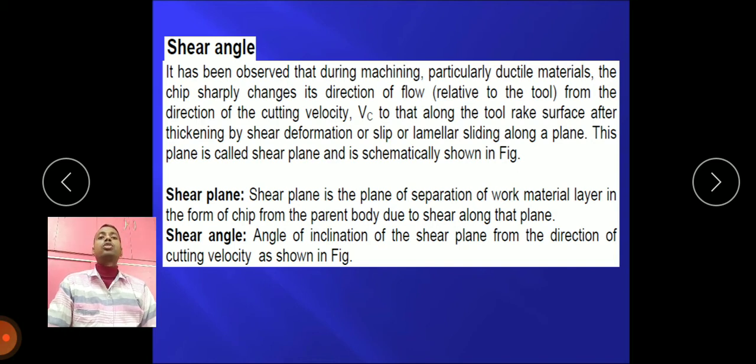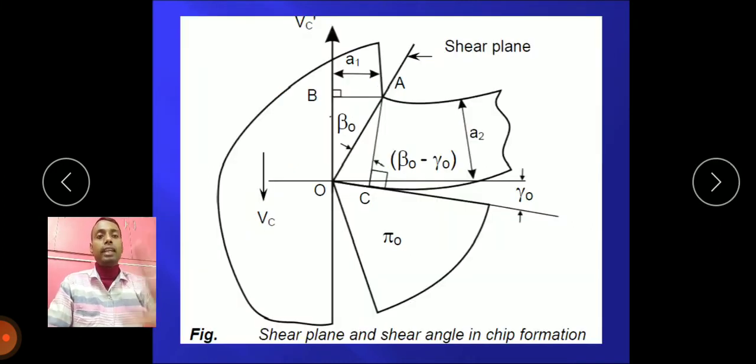This plane is called the shear plane. Shear plane and shear angle. The shear plane is the plane of separation of the work material layer in the form of chip from the parent body due to shear along that plane. What is the shear angle? The angle of inclination of the shear plane from the direction of the cutting velocity. So this diagram is very important. This beta O is the shear plane angle.